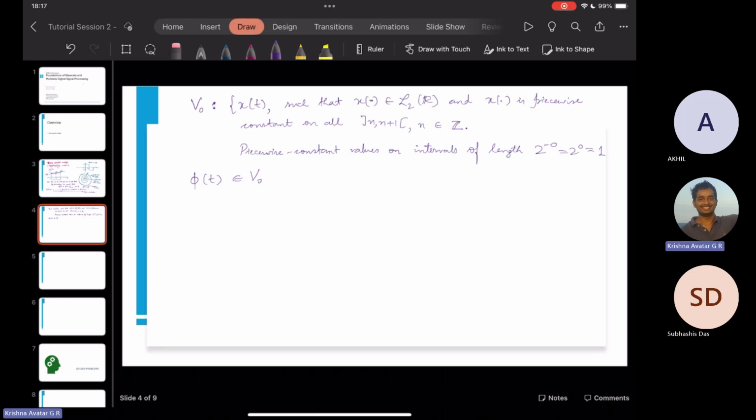So we can define V naught as nothing but the span of phi of t minus n, where n is an element of the space of integers.